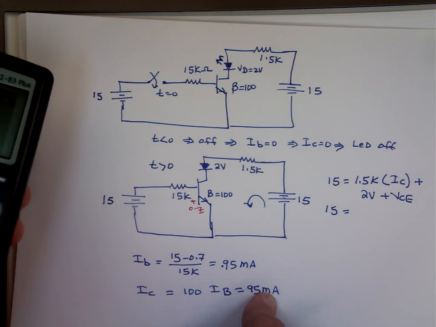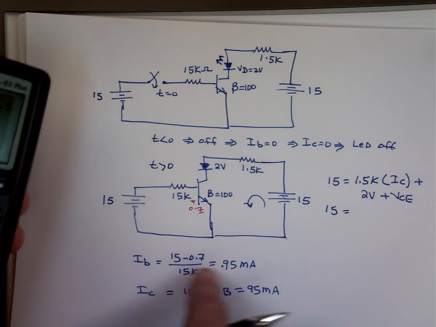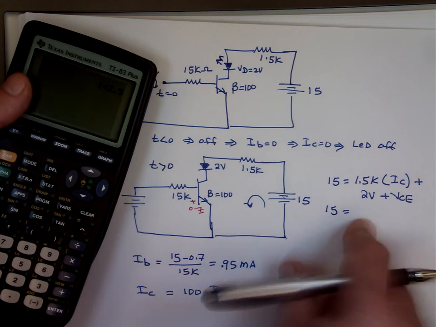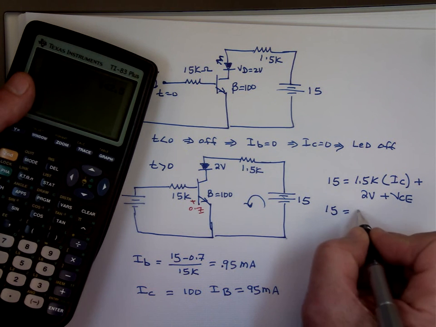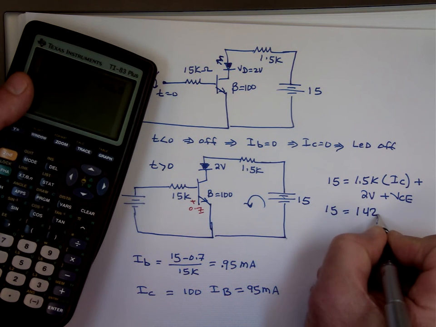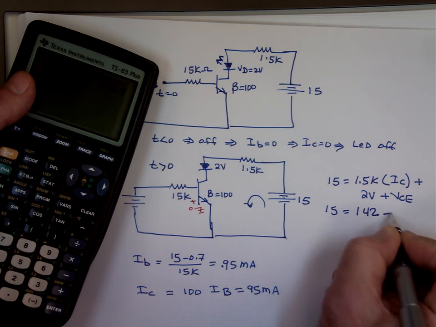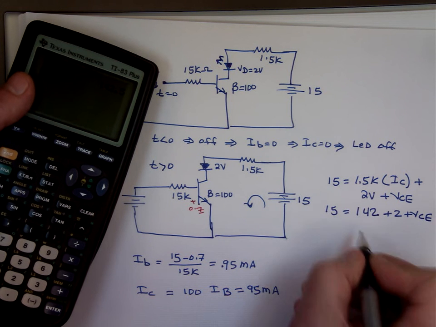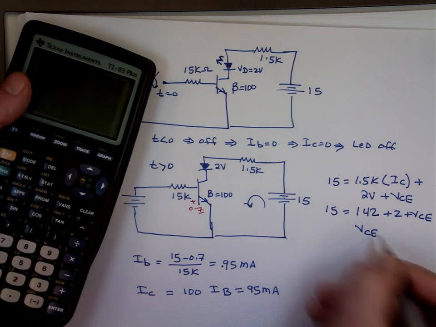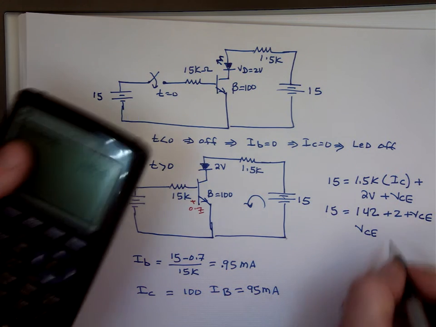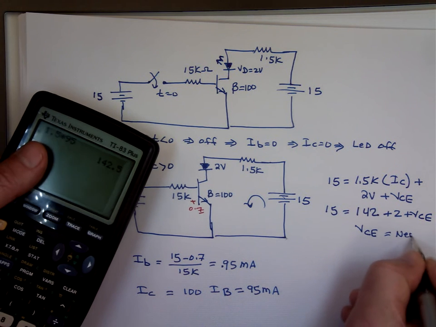Let's see. So you end up with some big number. You have 142 plus the 2 plus the VCE. That tells me VCE is negative. That doesn't make any sense. Negative. So what does that mean?